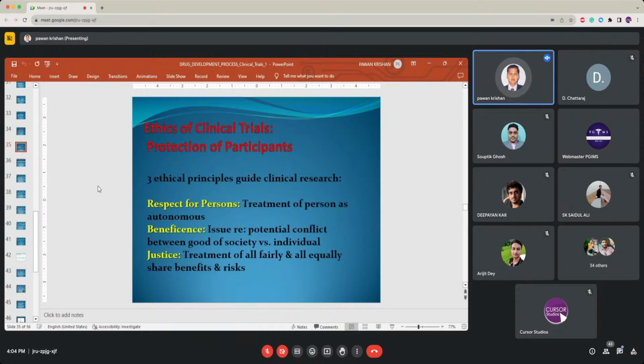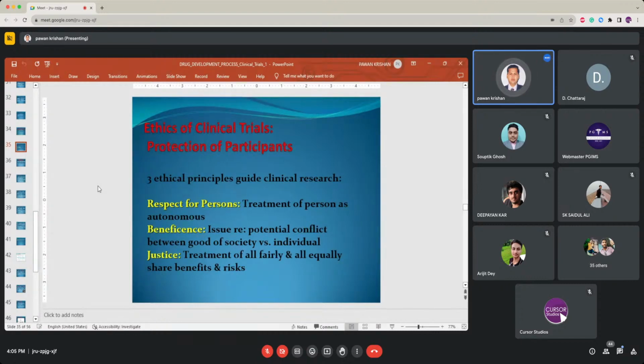When we talk of clinical trials, there are 3 basic ethical principles which have to be kept in mind and which have to be ensured that they are not compromised. That is respect for persons or subjects. That means treatment of any trial subject or person as autonomous.